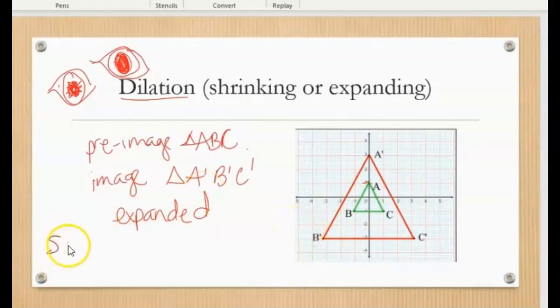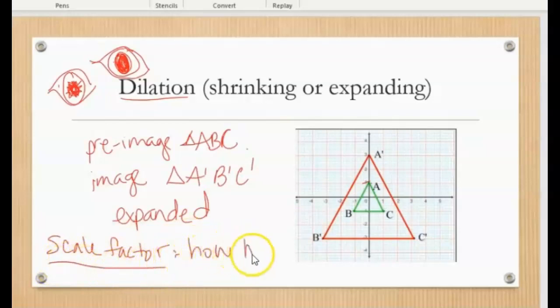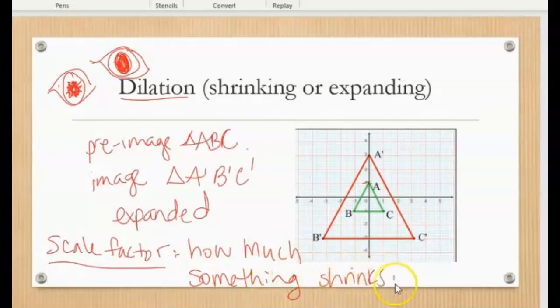That factor is called a scale factor. That's another word I want you guys to add to this slide. And that is how much something shrinks or expands. So we get to put a value to it, which is nice because that's going to help us perform the transformation.